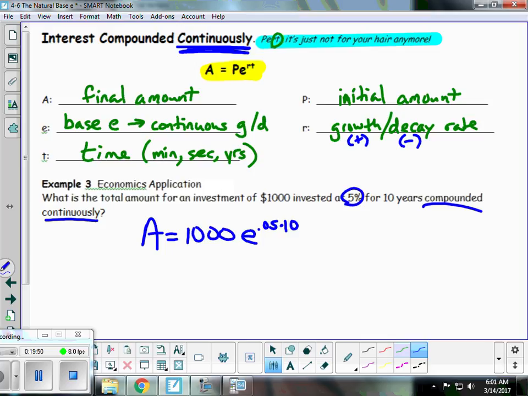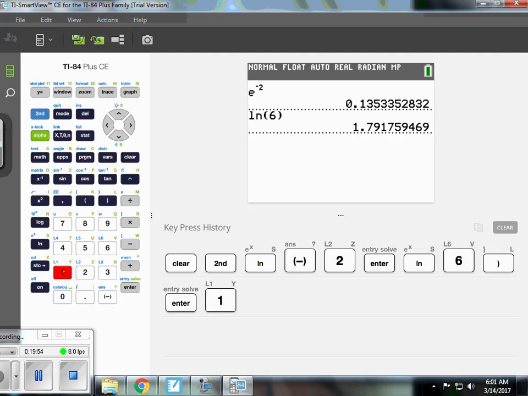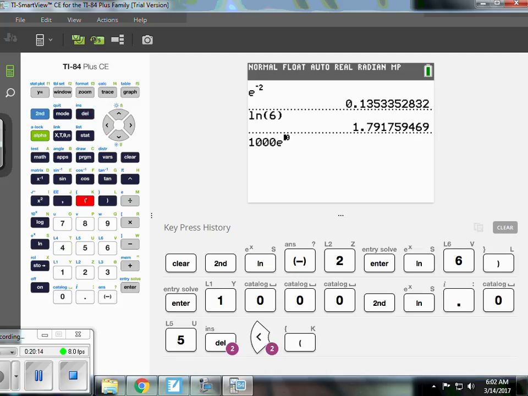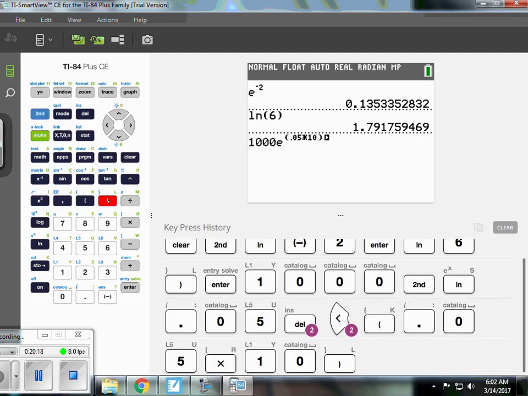Let's use our calculator to help us out here. So that would be 1,000 times e, so second ln, to the 0.05. Or some of you might need to use parentheses here. Here, I'll just show. So parentheses 0.05 times 10 in parentheses, and press enter.